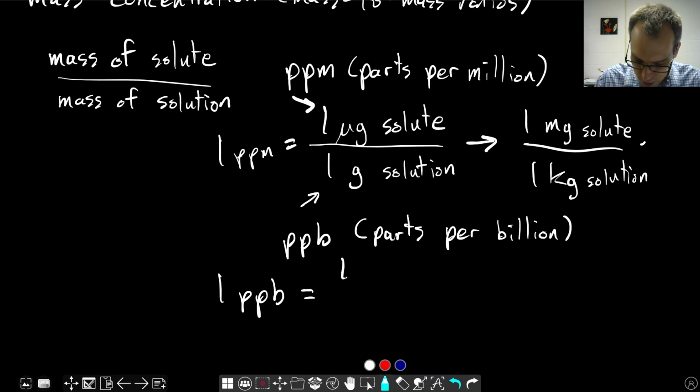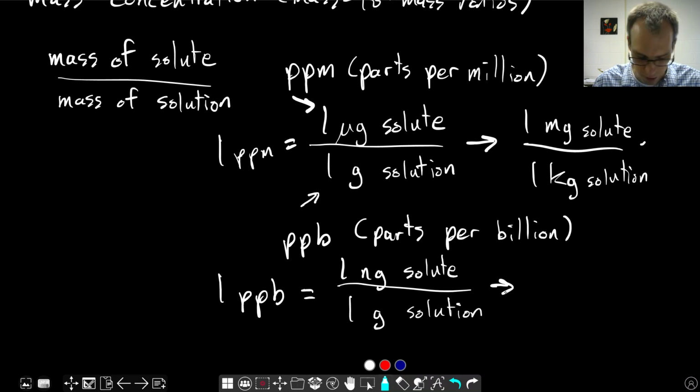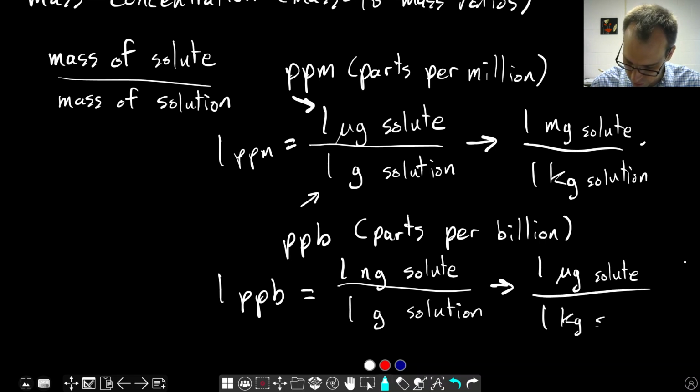We would express this as 1 nanogram of solute per 1 gram of solution. Or equivalently, 1 microgram of solute per 1 kilogram of solution.